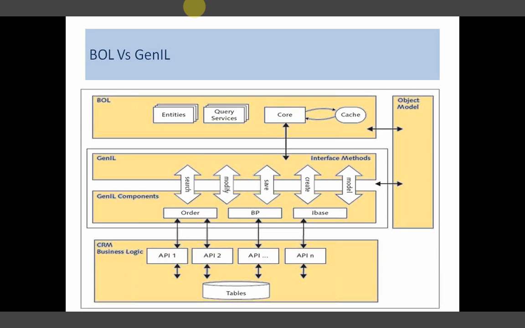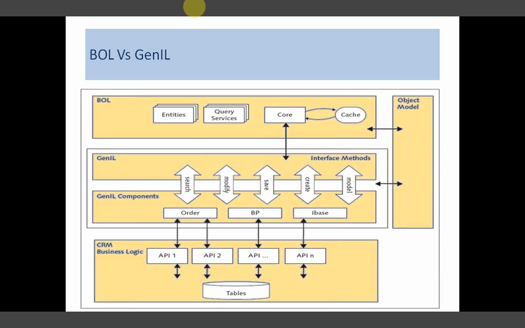If I am requesting the business partner, I would come through the same business object layer. Let us see in our different components, this is the order component which is responsible for fetching the order data. But here BOL is uniform for the order, for the business partner, for the iBase, or for the one order framework.